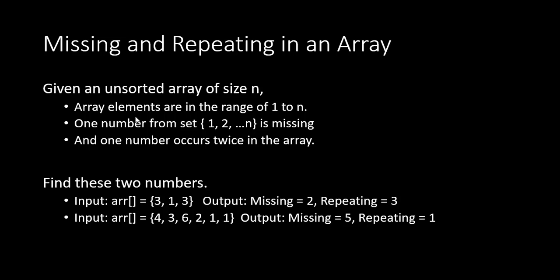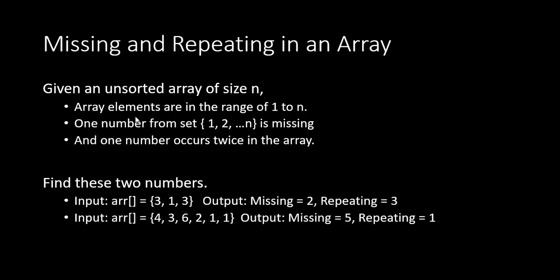The next condition is that one number from that set, 1 to n, is missing, and also one number is repeating, basically repeating twice. So one number is present twice and one number is missing. We've got to identify both: which is the missing number and which is the repeating number.